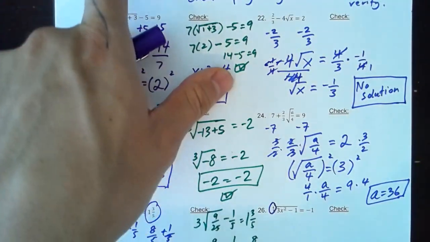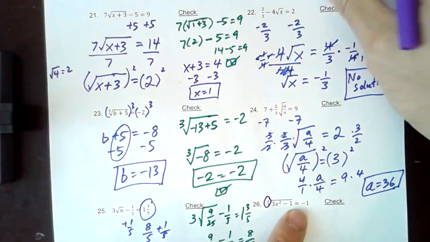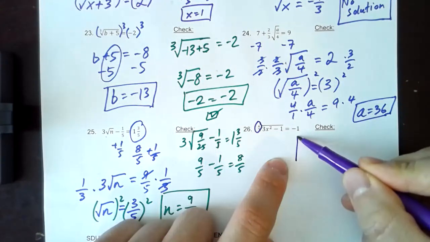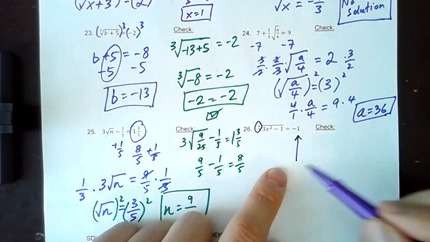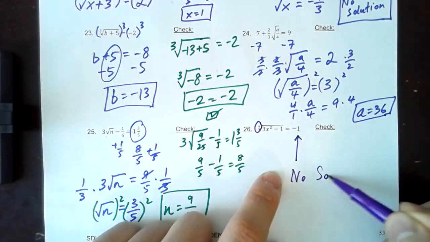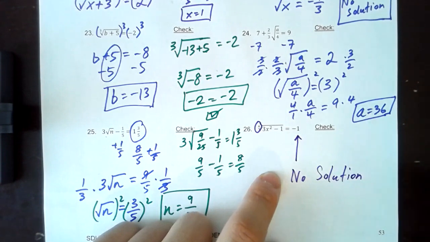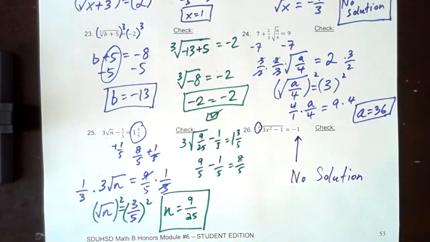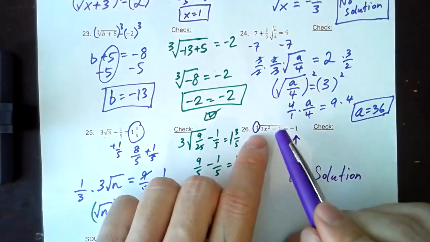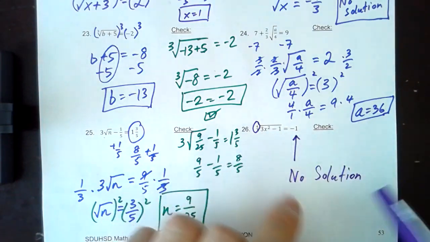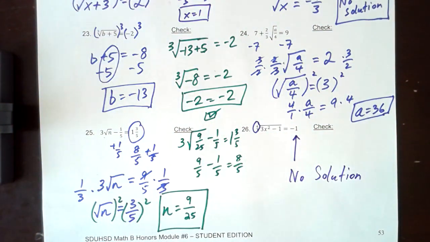Even roots must always have a positive output. Immediately write no solution. It's hilarious. Fourth roots, square roots, doesn't matter. You can't have a root equaling a negative if it's an even root.